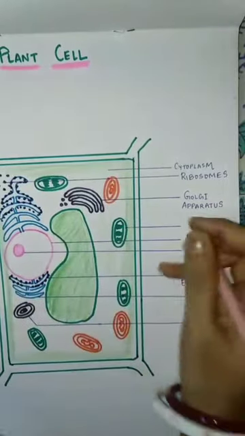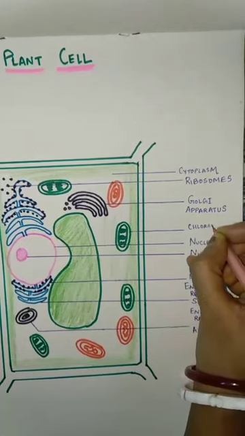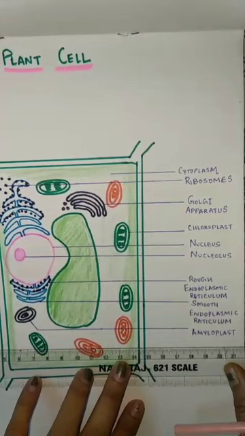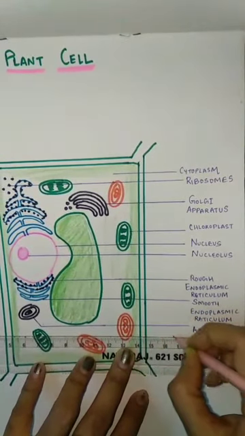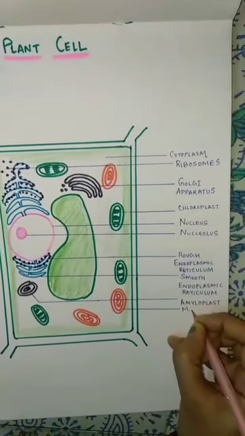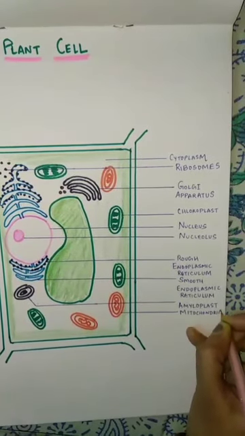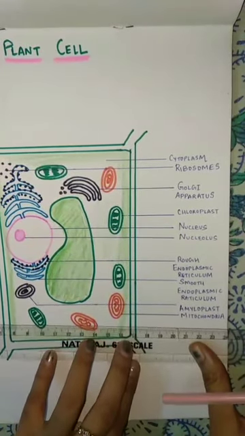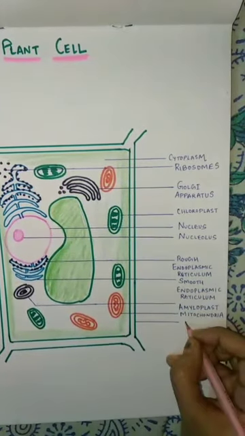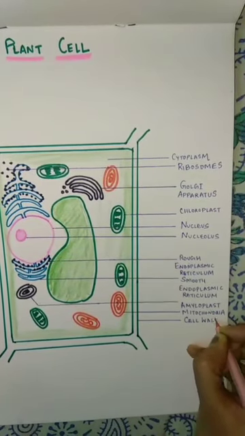The chloroplast, mitochondria. Now there are various other organelles too, but here we are just concentrating on the important ones. So the outer cell wall and the inner cell membrane.